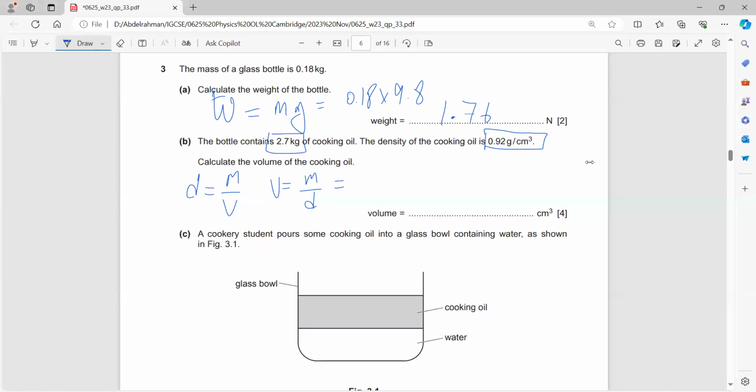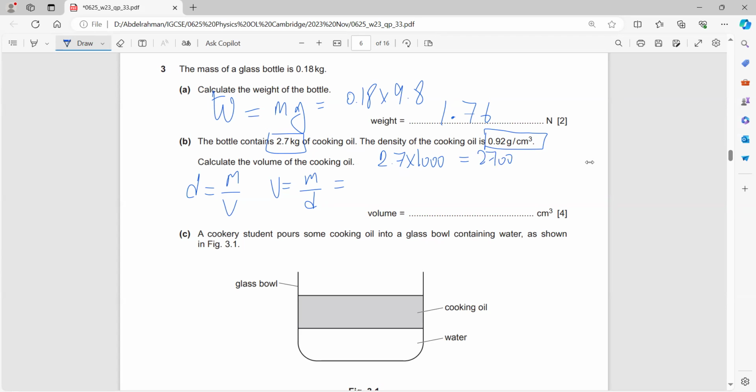So I need to change the mass to grams. How can I change kilograms to grams? I have to multiply 2.7 by 1000, since kilo means times 1000. So 2.7 times 1000 is equal to 2700.